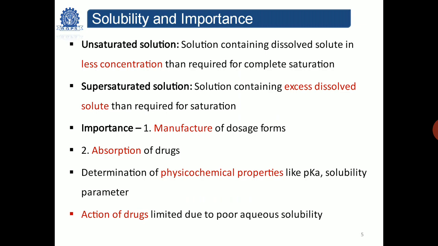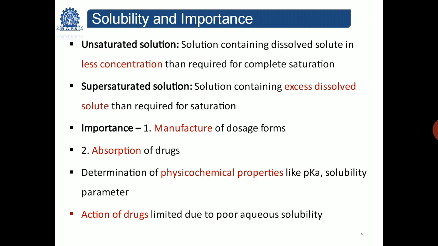For example, if 1 gram of solute is required for saturation, in this case only 0.8 gram or less than 1 gram of solute is present. That's why it is known as an unsaturated solution, because the solute is not sufficient to make the solution saturated.